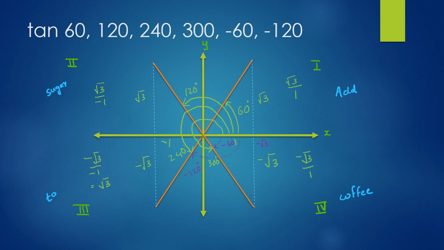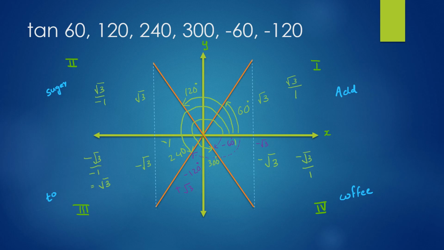It is plus root 3. But we don't see it in the formula. As I have told before, the formula applies for angles that are less than 90 degrees. Otherwise, you have to use the graph to get the right answer without any calculation mistakes. So always depend on a graph.